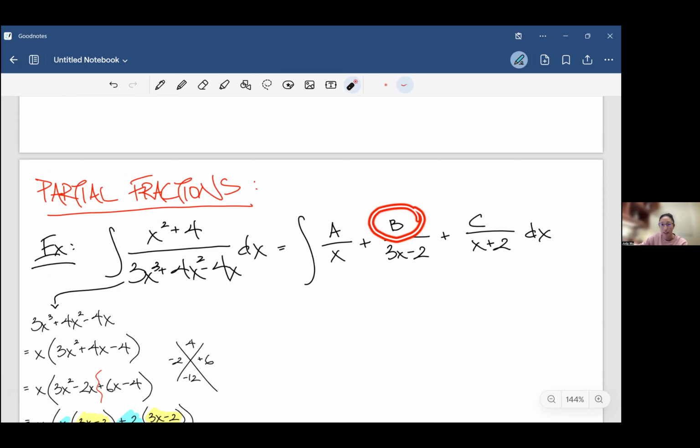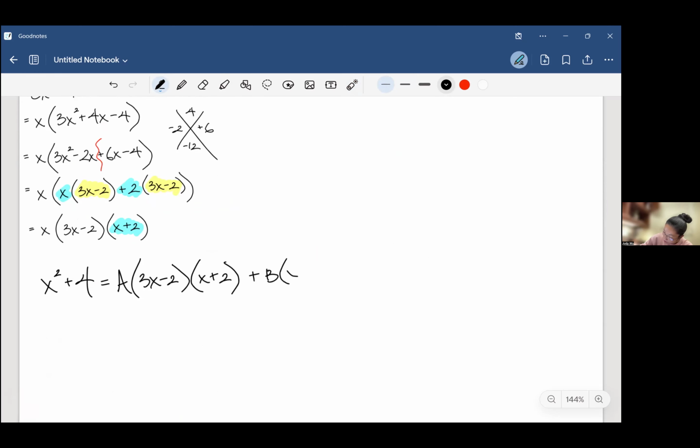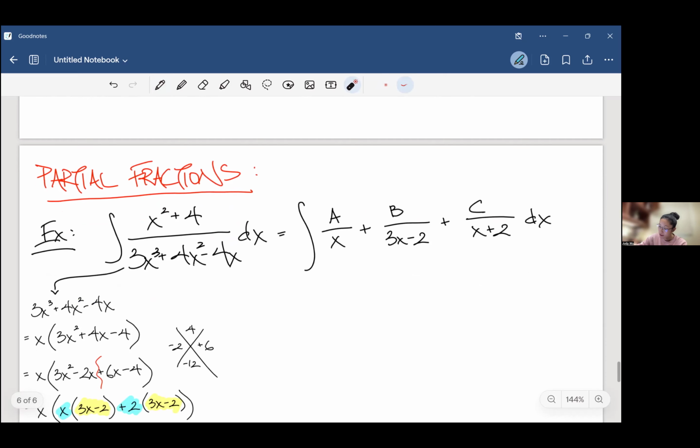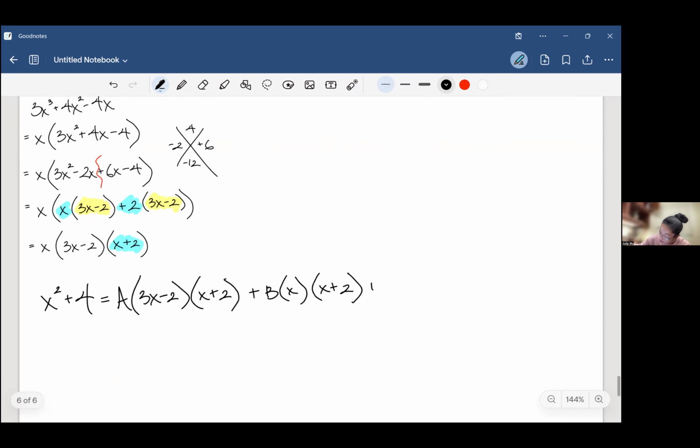Plus B, I have to multiply by the first and the last denominator. So plus B times (x plus 2). Plus C times the first 2 denominators multiplied together. So plus C times x times (3x minus 2). Okay.